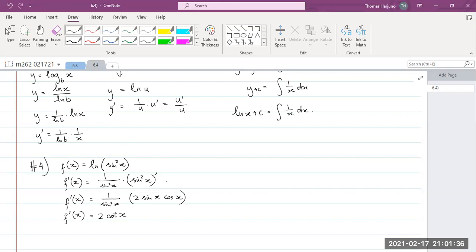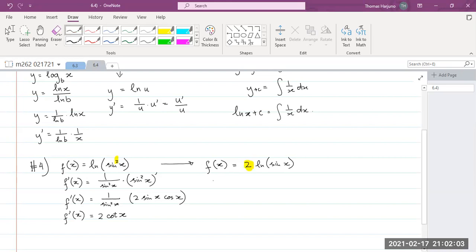Notice that somebody may do it this way, which is not really appropriate, but for now the result will be the same. Notice that f(x) is the same as 2 natural log of sine x. You see that? Because this is the exponent of the argument, so I can bring it to the front.